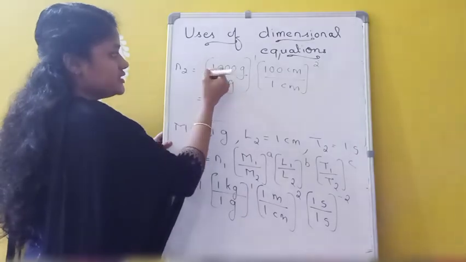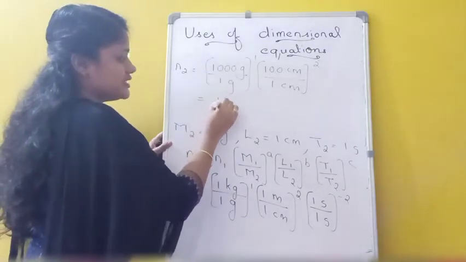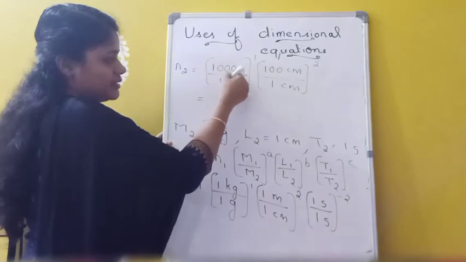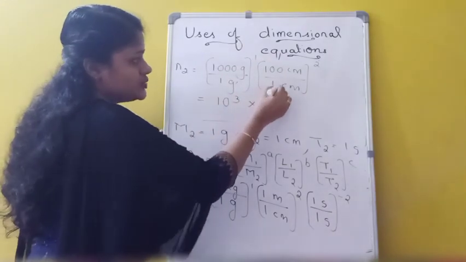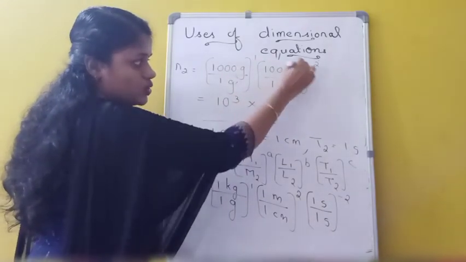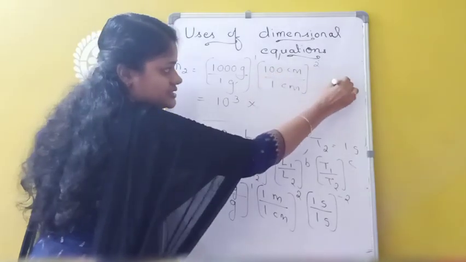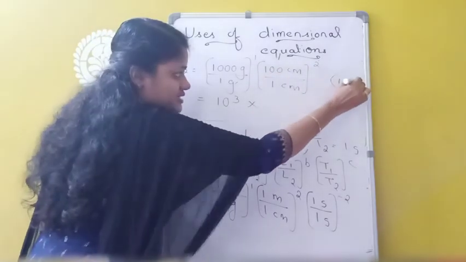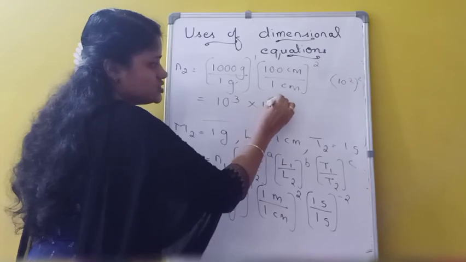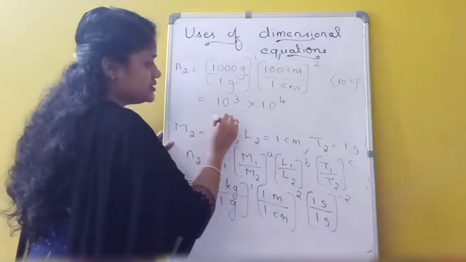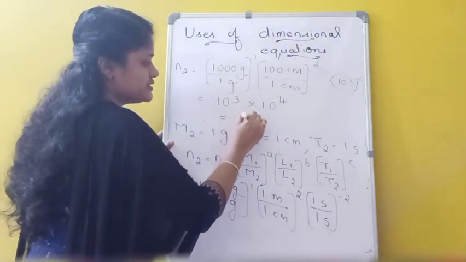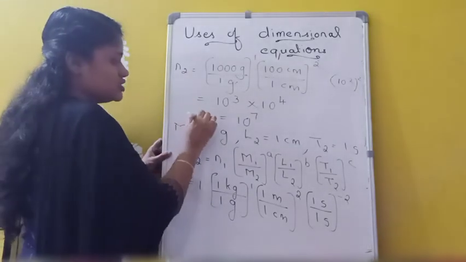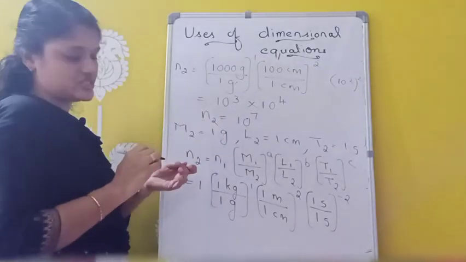So it is equivalent to 1000, which we can write as 10 cube. Gram cancels. 10 cube into 10 square the whole square, since 100 is 10 square. Again, the whole square means 10 raised to 4. So into 10 raised to 4. That means 10 raised to 4 plus 3 is 7. That means N2 we got as 10 raised to 7.